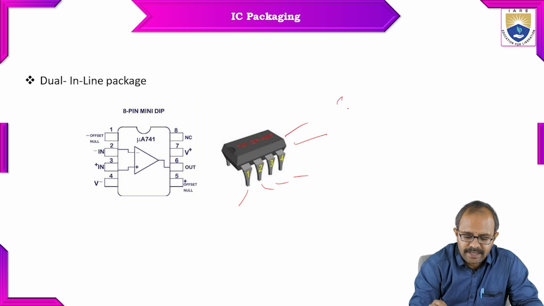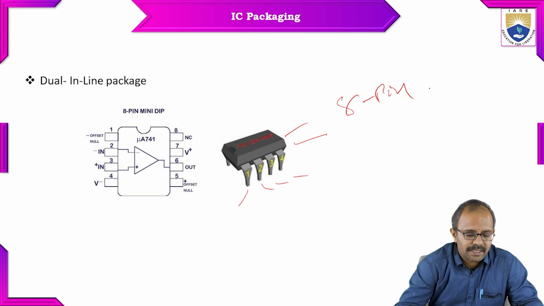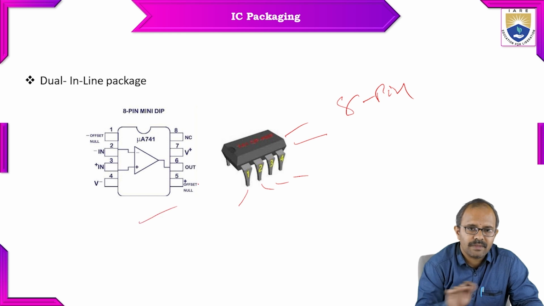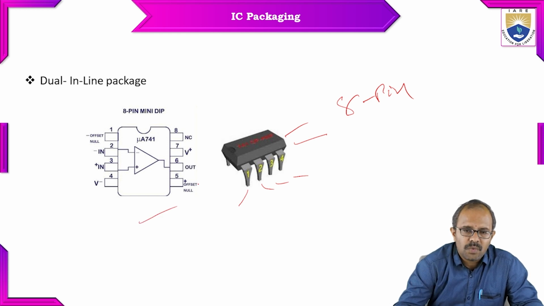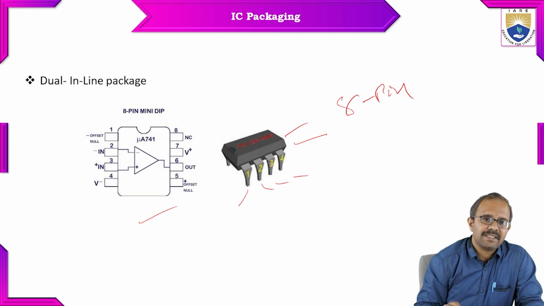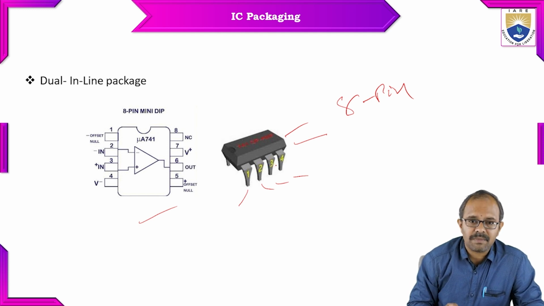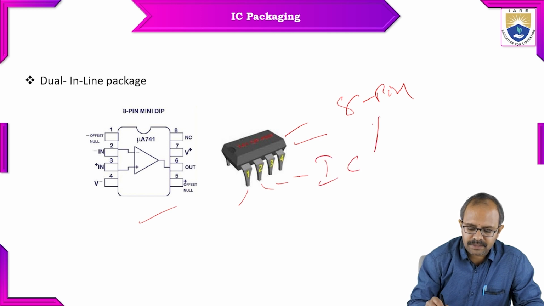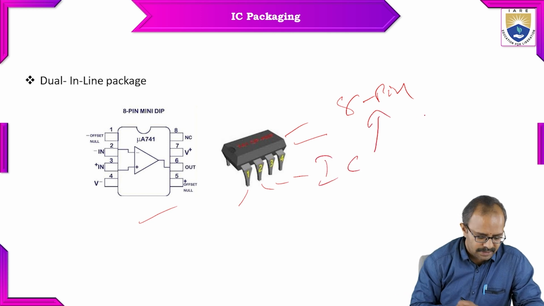So this is an 8-pin IC. In fact, this is an example of an 8-pin IC, which is a dual inline package, and of course this is its cross sectional view. This is the package available in the market, and this represents an IC of 8 pins.